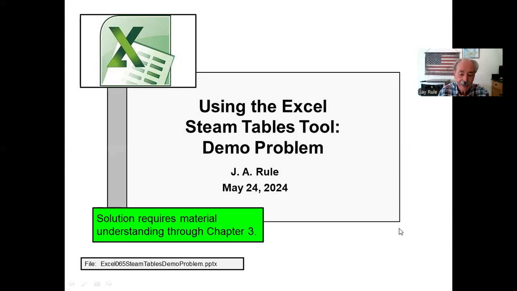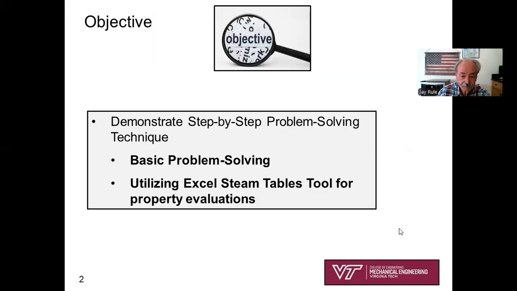Also, this example problem is going to require that you understand the material up through chapter 3. In other words, you understand things about phase change substances, properties, and also you understand the difference between a closed system and open system, and you understand the basics of how and why you would use the first law of thermodynamics, also known as the energy balance.